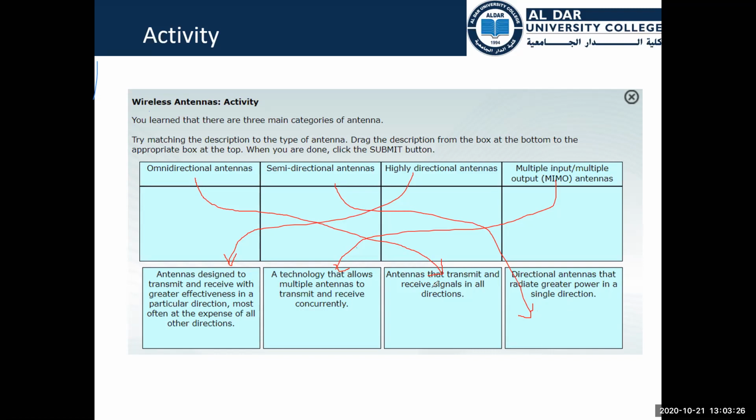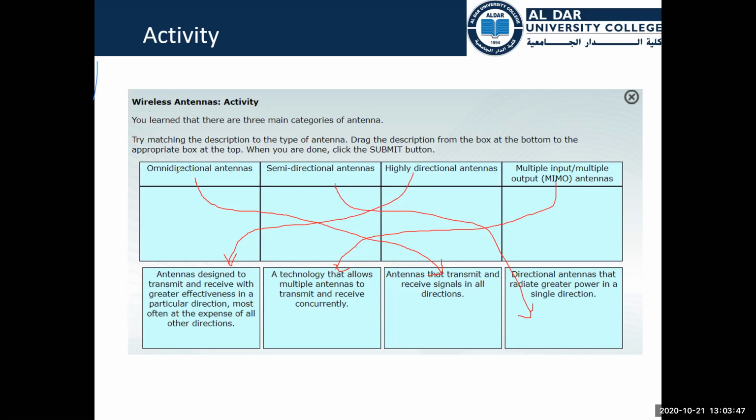As you were reading through the slides, you told us semi is single. No, semi is actually not a single direction. It's something between omnidirectional and highly directional.